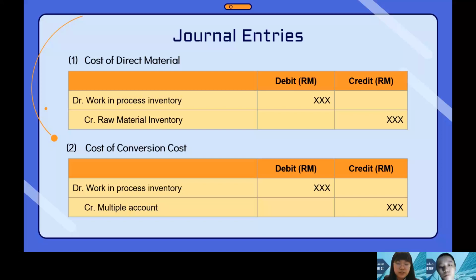Next, journal entry. For cost of direct material, we will debit work in process inventory and credit raw material inventory. And for conversion cost, debit work in process inventory, credit multiple accounts. Multiple accounts include accrued payroll, manufacturing overhead, and so on. We will total them up in multiple accounts.